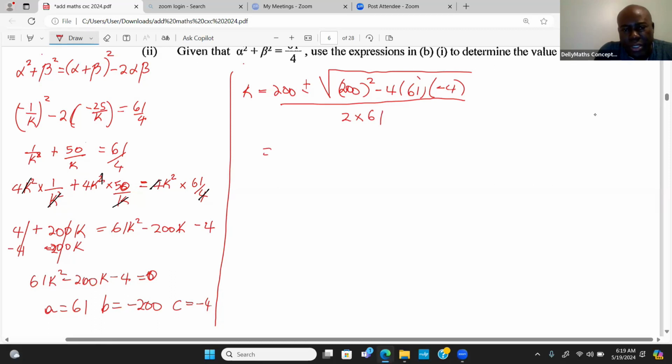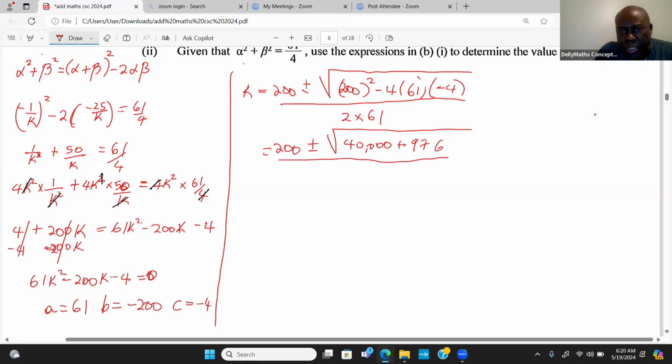Let us keep going. So this is going to be 200 plus or minus the square root of 200 squared. This is going to give me 40,000, definitely. Let me work out the other one. That's negative 4 times 61 times negative 4. We're going to get about 976.